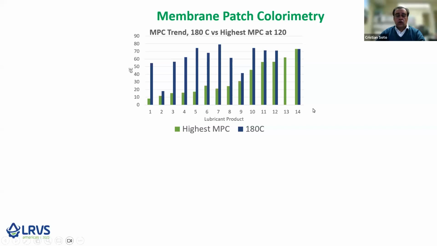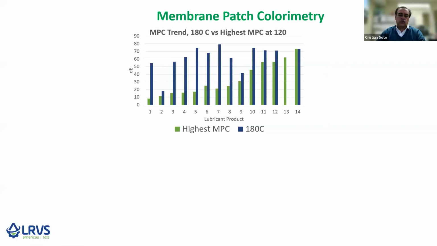Then when we look at MPC, we compare it between 120 degrees and 180 degrees at the highest value reached, rather than the total length of time, as we saw some maximums on the MPC being reached before the 12-week period.